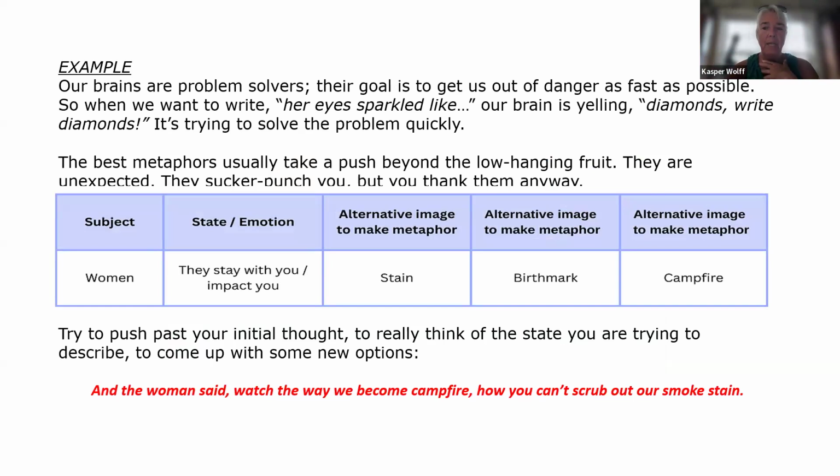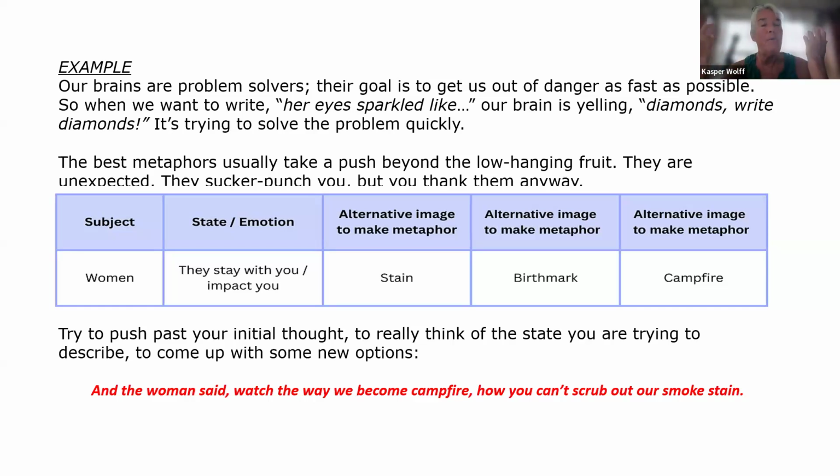Also helpful might be the next little chart that we have there, that has 5 categories: subject, emotion, alternative image, and 2 actually, 3 alternative images, and how do you put them together?